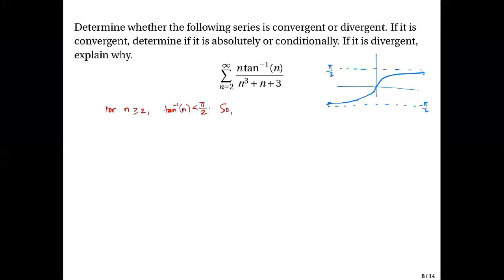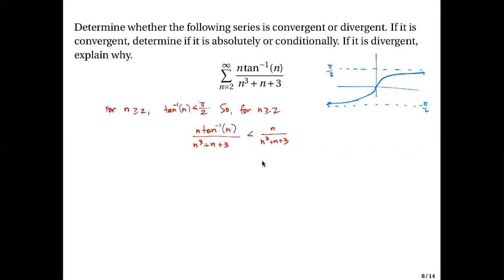So, n tangent inverse of n over n cubed plus n plus 3. For n greater than or equal to 2, this expression will be less than n over n cubed plus n plus 3.